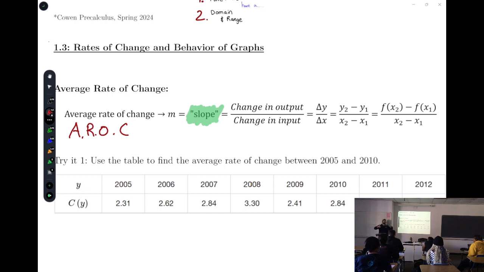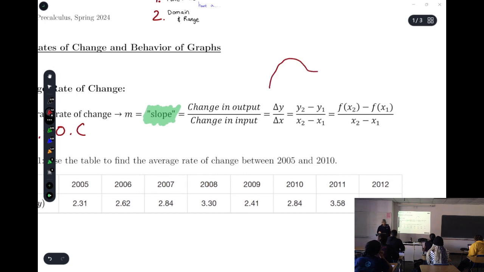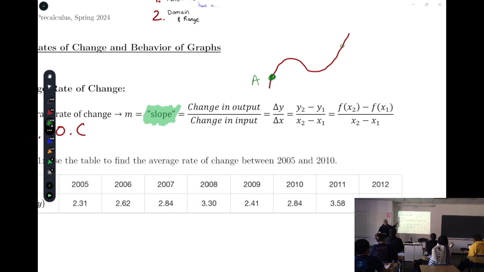It's an average slope. It's not the exact slope at a point. So for instance, just so you know, it's not going to come up a ton. You're going to calculate it the same. That's a curvy line, right? If I take 2 points, that point A and that point B, those 2 points have a slope.